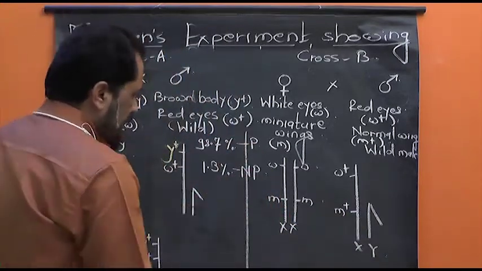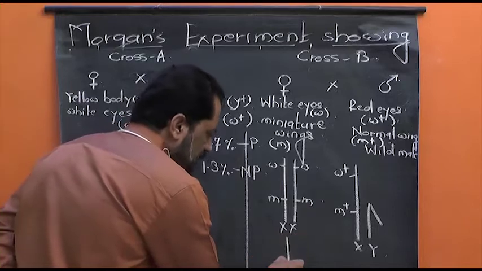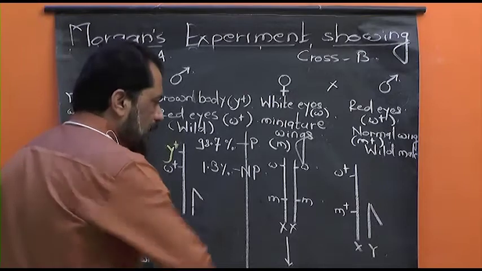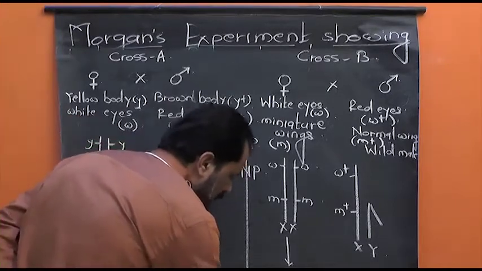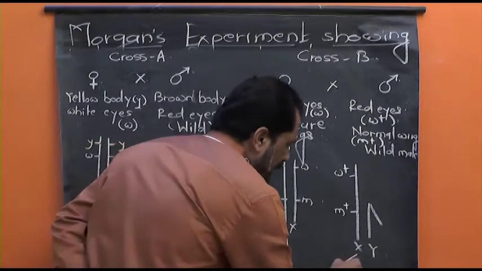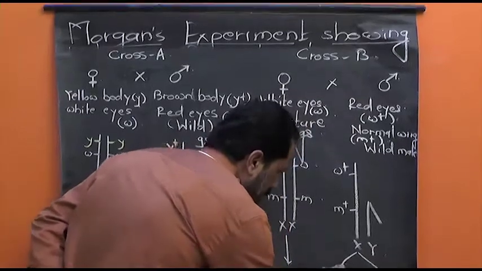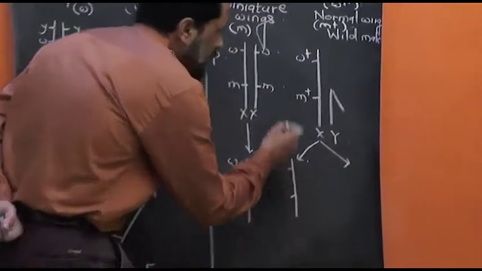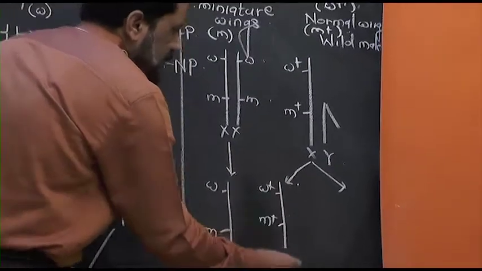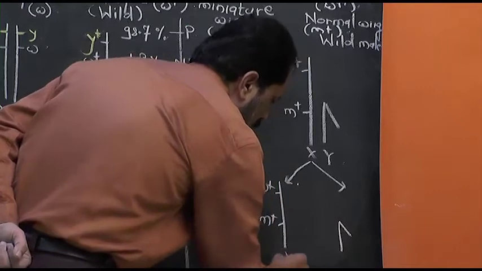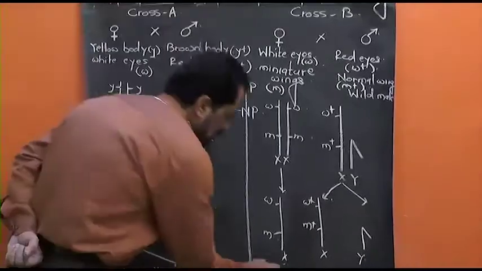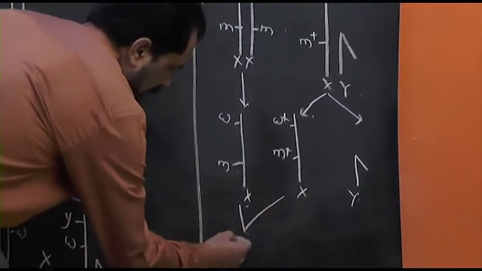When the crossing is carried out, as usual, the gametes produced by this double homozygous recessive female are identical, that is, all gametes with W and M, and the male produces two types of gametes: half of the gametes with the X chromosome and genes W plus, M plus, and half of the gametes with the Y chromosome. So, after their fertilization, the offspring produced are like this.